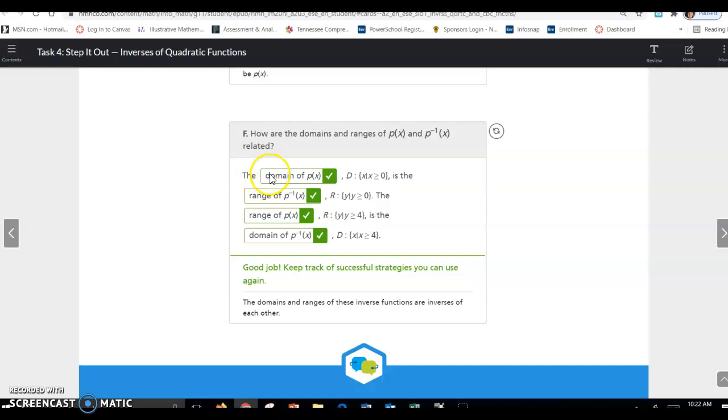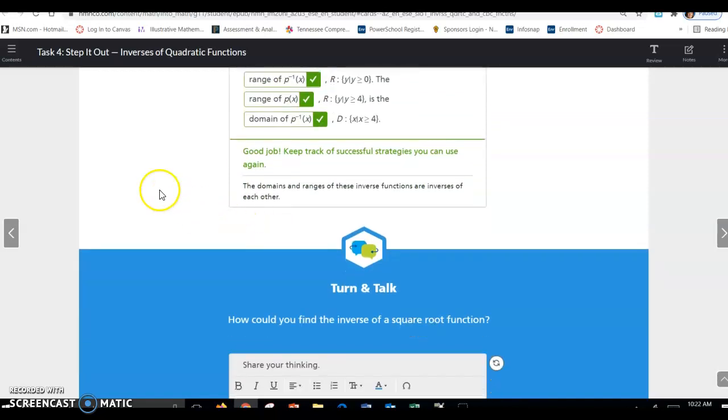So you're just switching the x's and the y's. So when you switch the x's and y's, you're switching the domain and the range. All right, that's all for task 4.